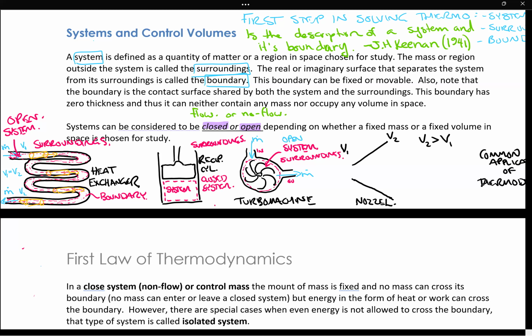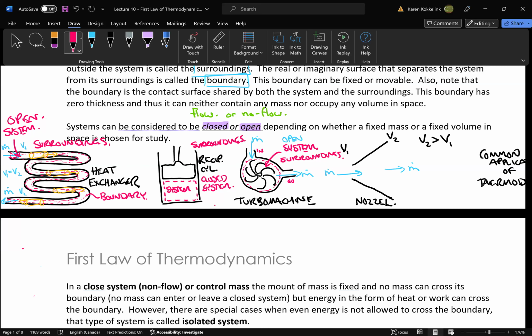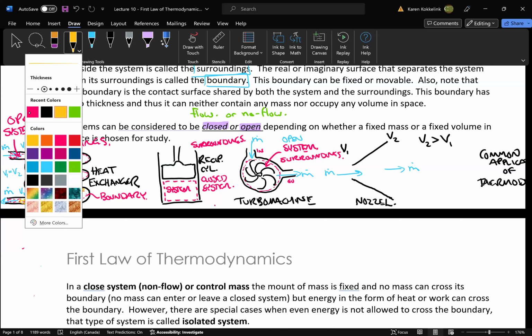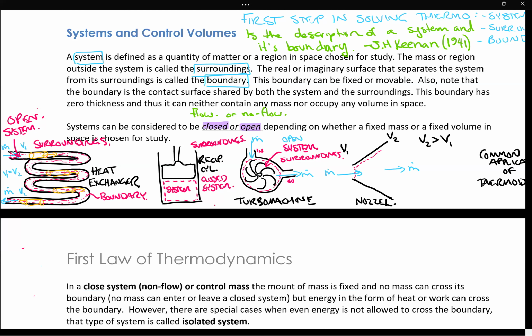In the case of the nozzle, I have some fluid coming in and I have some fluid going out. I don't see it going anywhere else, so it'll have the same mass. I can tell it definitely doesn't have the same volume, though. But here we go. If I were to define a system here or a boundary, I would make it look like this. You can do different things if you want to.